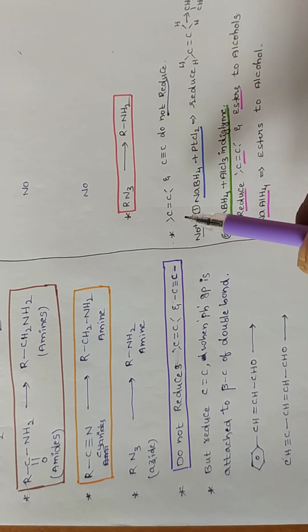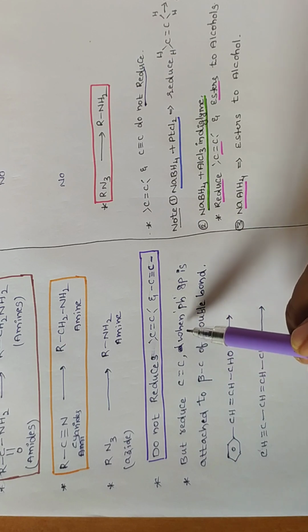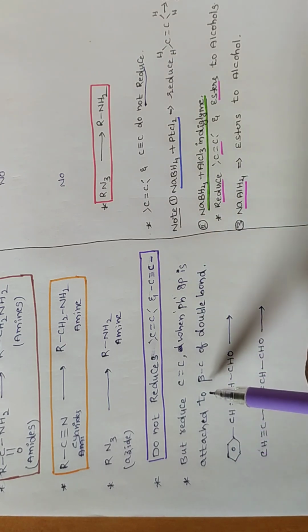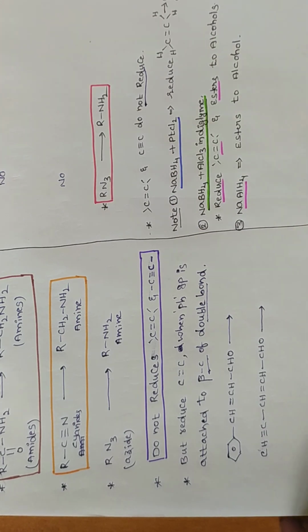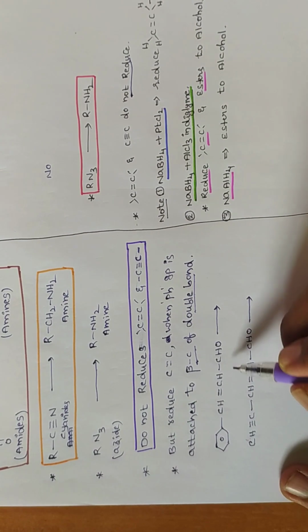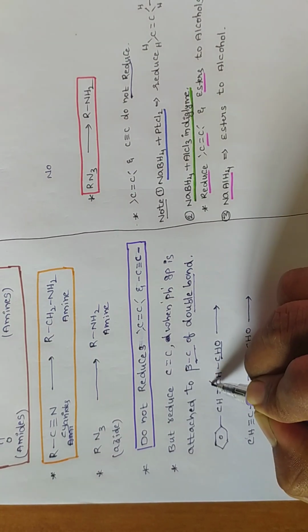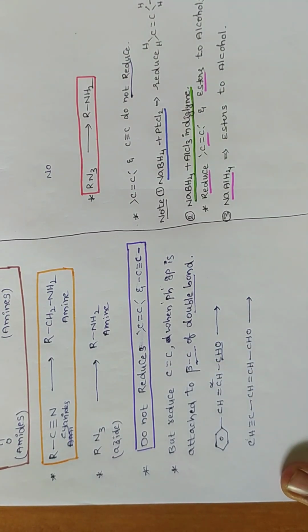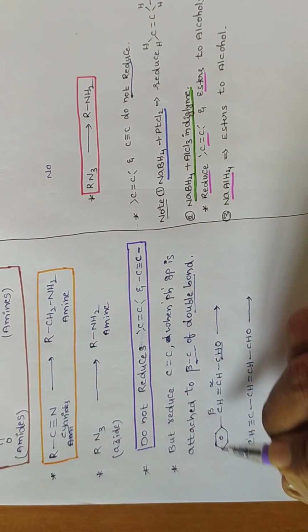This is very, very important. Next, they reduce the carbon carbon double bond whenever the phenyl group is attached to the beta carbon of the double bond. See, now here a compound is given. This is a functional group. The attached carbon is the alpha carbon. The next carbon is called the beta carbon.